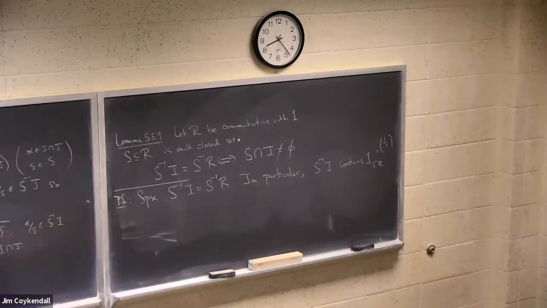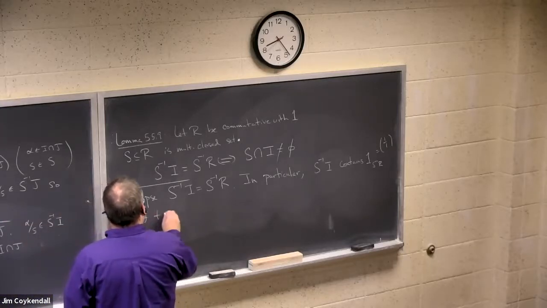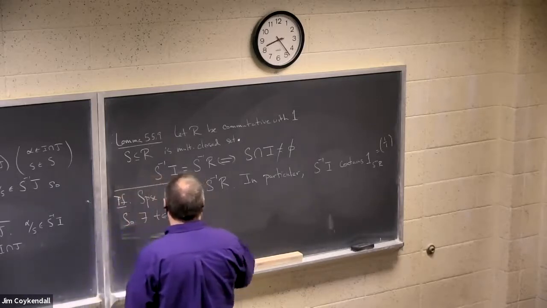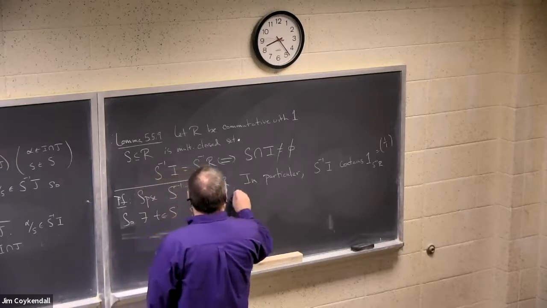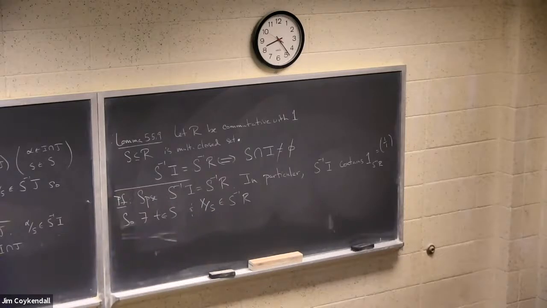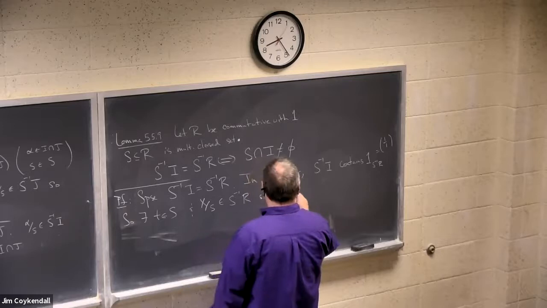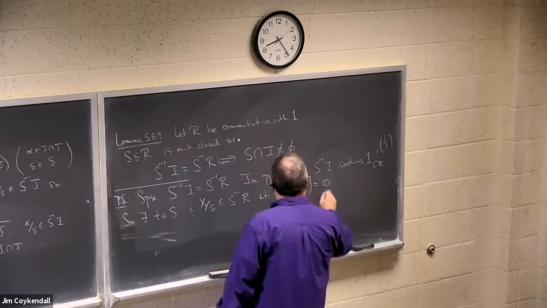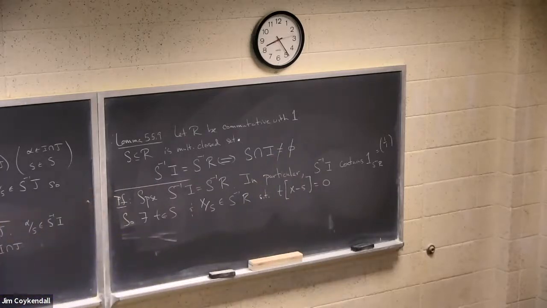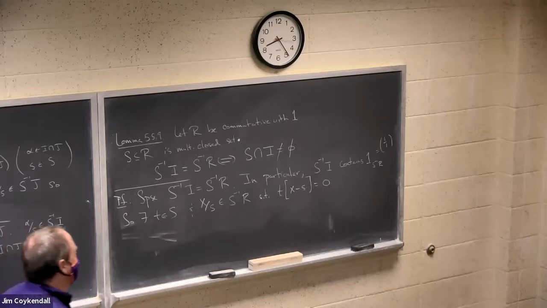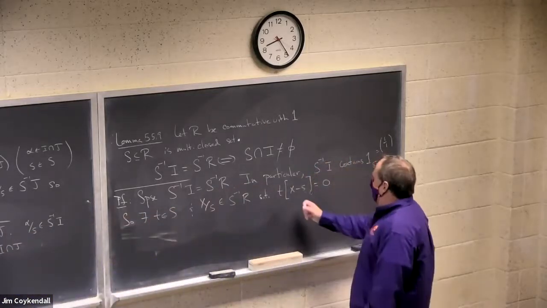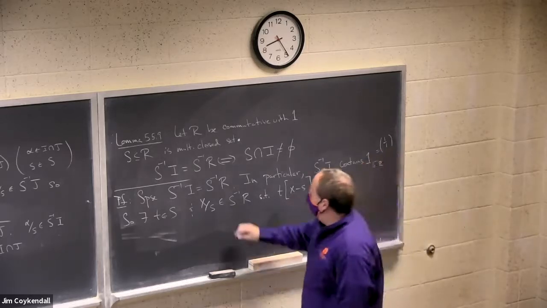And so what do we get from this? So there exists an element T in S and x over s in S inverse I such that x over s is equivalent to 1 over 1.